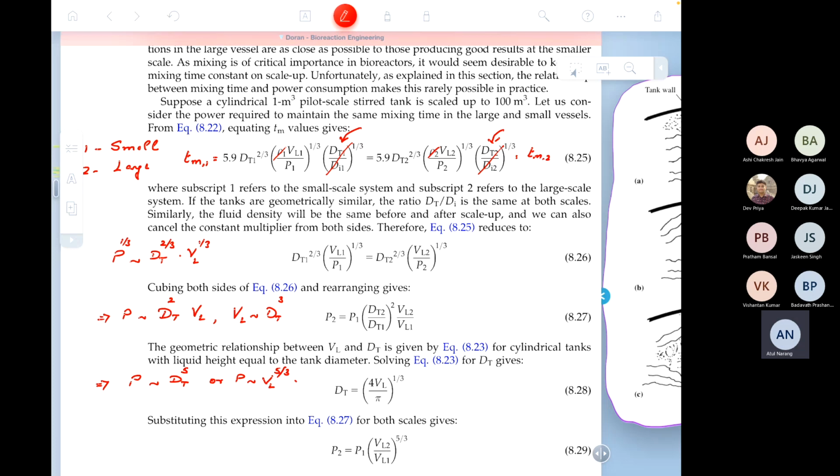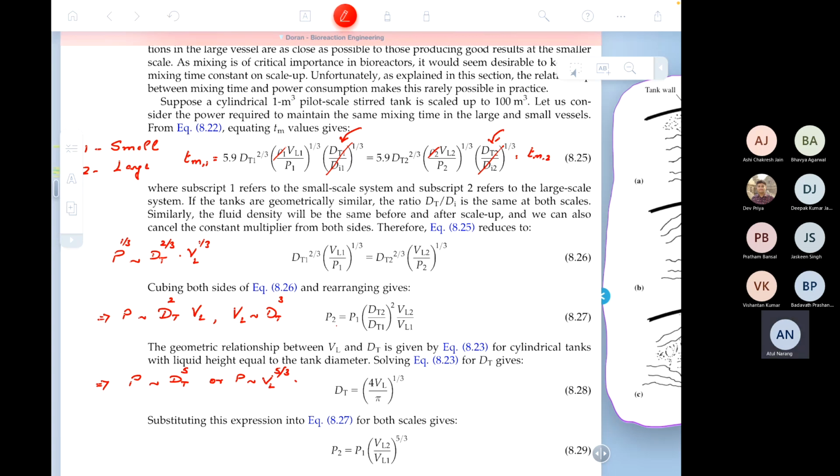Now, basically, he's going to take the cube of both sides, and when he takes the cube of both sides, she arrives at this formula: P2 equals P1 multiplied by dt2 over dt1 squared multiplied by VL2 over VL1. You've just cubed it to get rid of all the fractional powers.